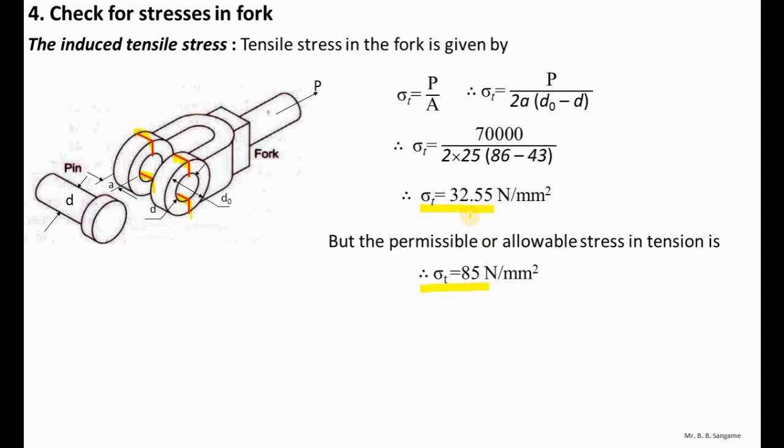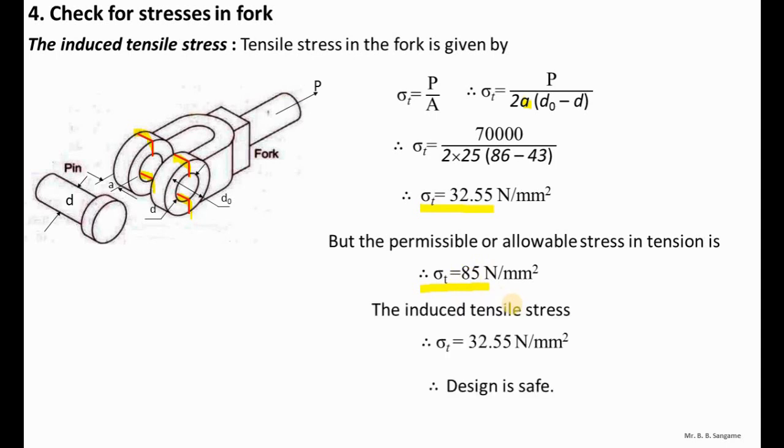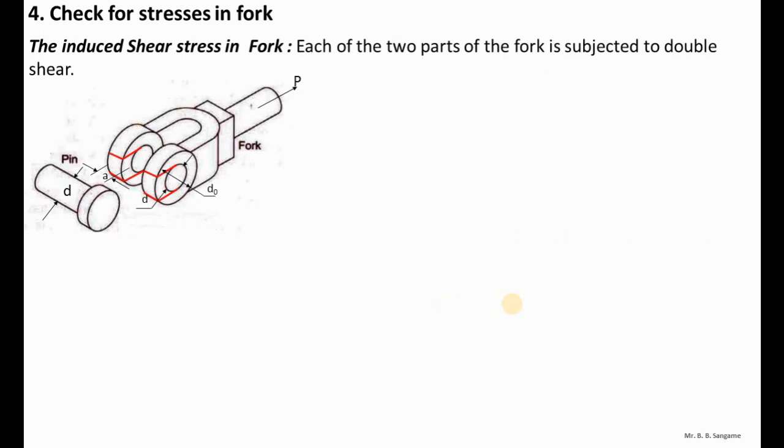So you can observe that for the selected outer diameter of the fork, inner diameter of the fork, that is the diameter of the pin, and the thickness of the fork, the induced stress is 32.55 and the maximum allowable is 85. The induced one is less than the permissible one, so our design is again safe. Okay, so next is the check for stresses in the fork.